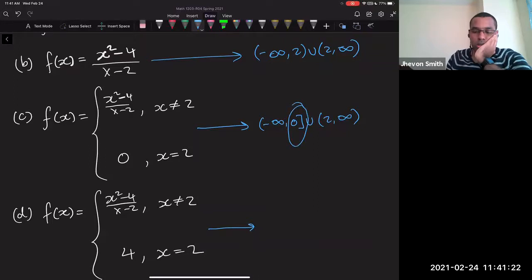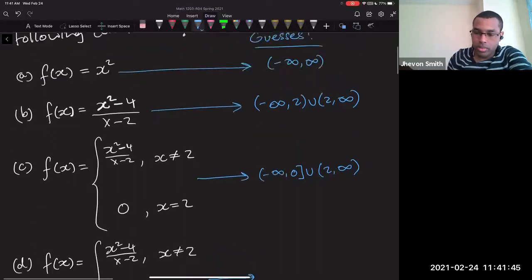What is that 0 referring to? Which variable? It's y, right? And when we're doing our intervals, what is the variable that we're looking at?